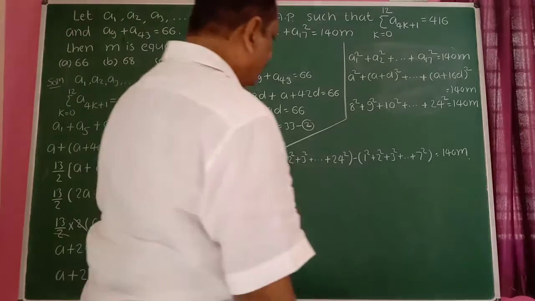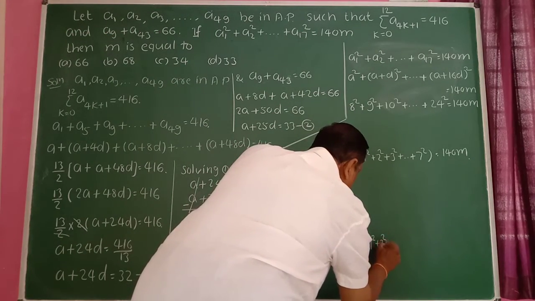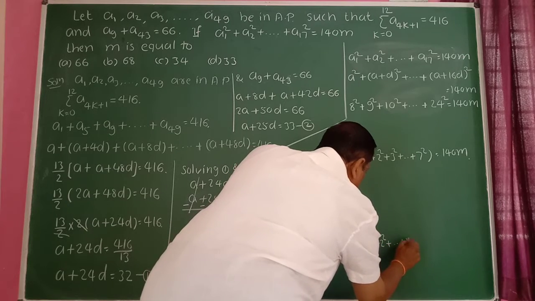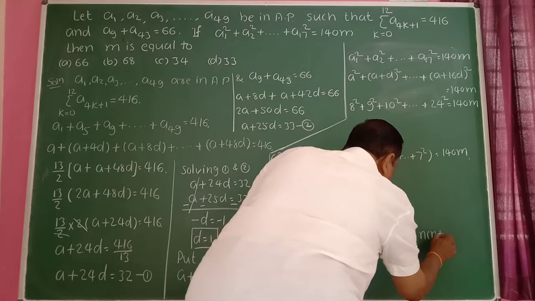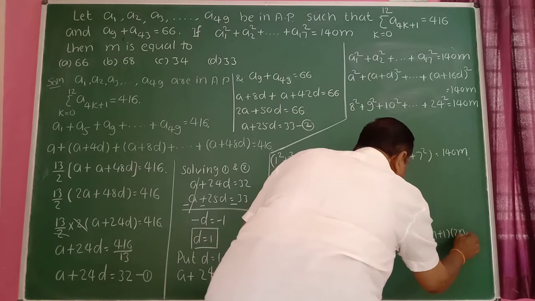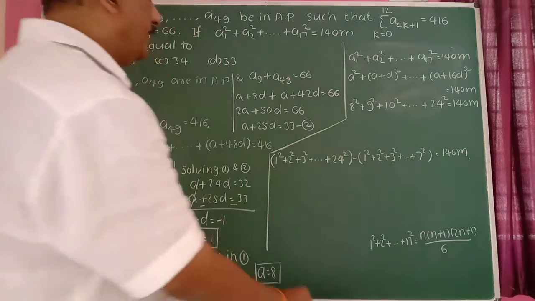So use the formula: 1 square plus 2 square and so on plus n square is equal to n into n plus 1 into 2n plus 1 divided by 6. This is the formula.